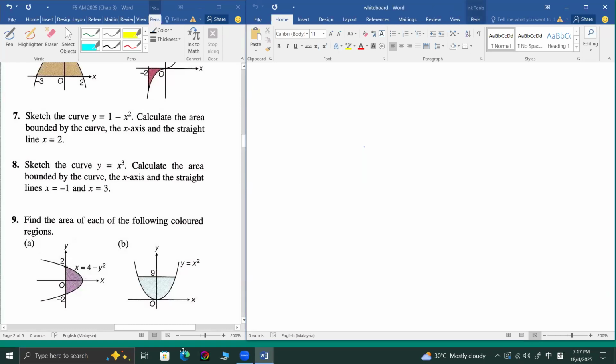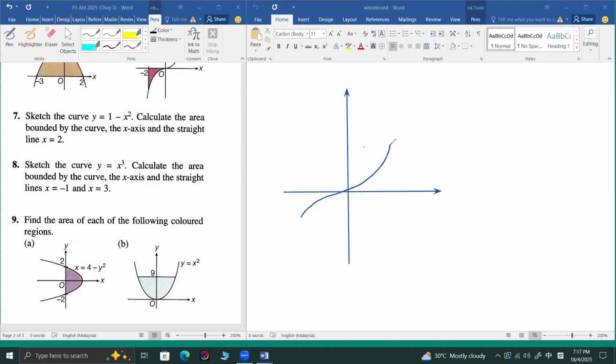So x cubed, all this you learned before, in Form 3, right? Okay, x cubed is that S-shaped one. So this is xy.